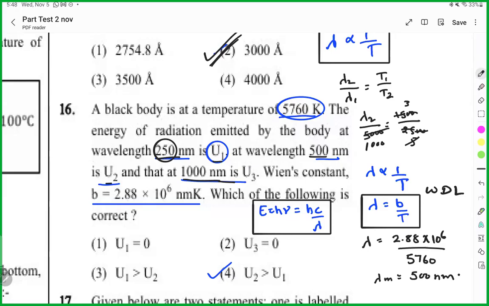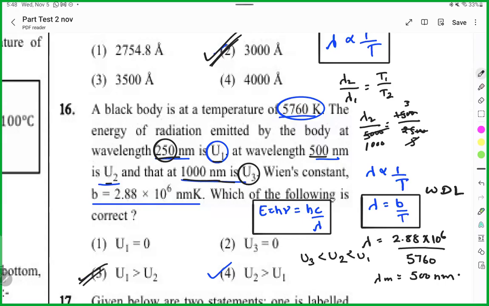When wavelength increases, energy will decrease. So can you say U3 will be lesser than U2 and U2 will be lesser than U1? So is the answer 3?